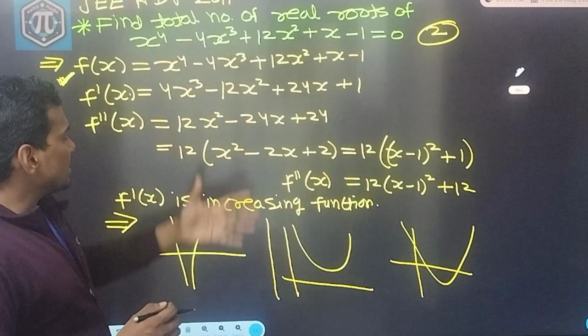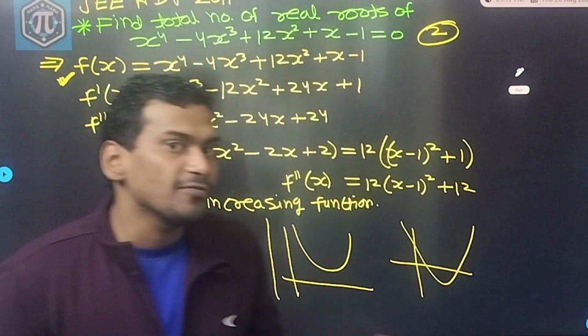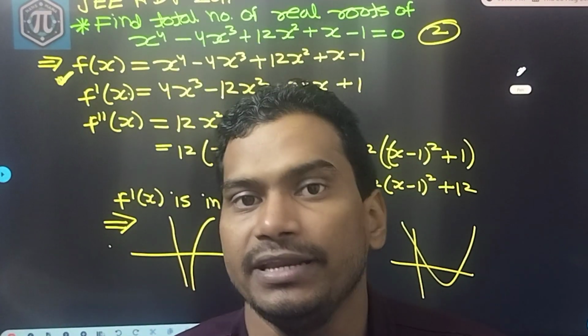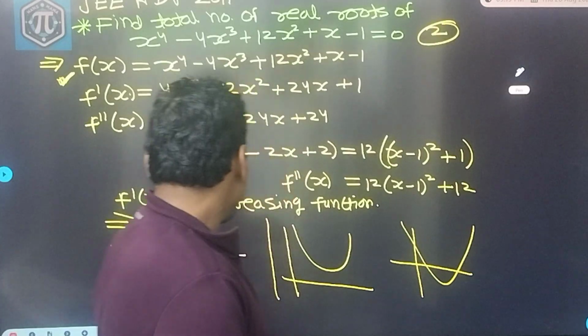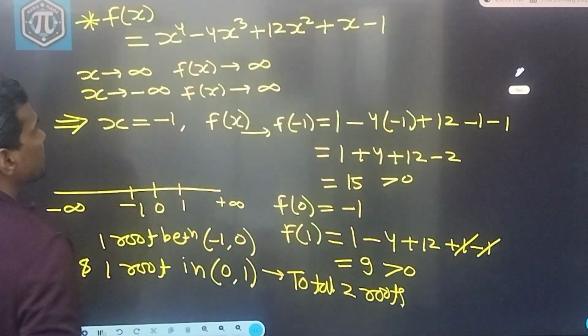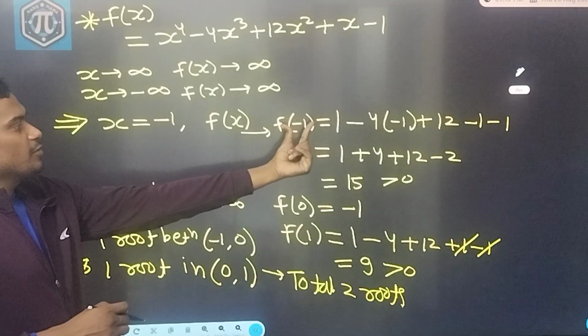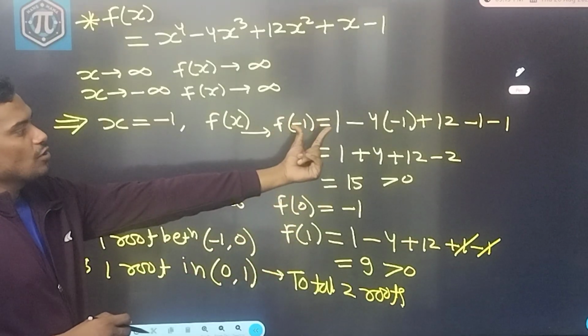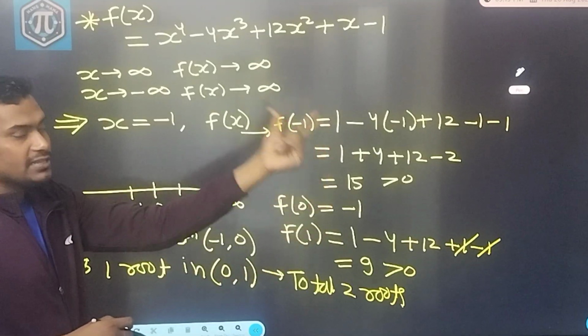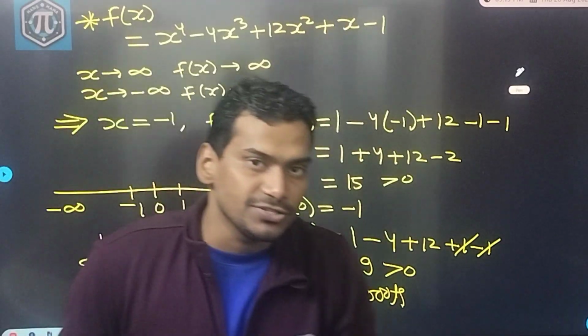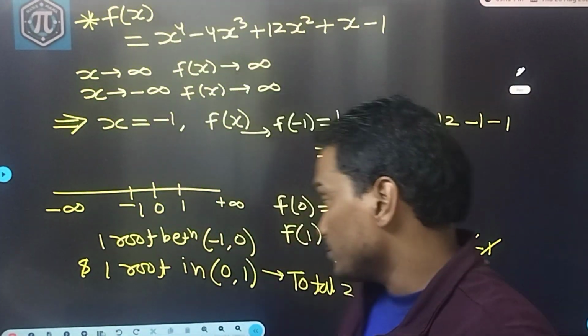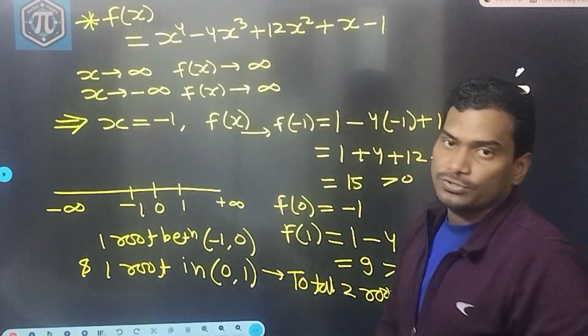After that we calculated f of x at the points minus 1, 0, 1. We saw that with opposite signs, there is one root between minus 1 and 0, and another root between 0 and 1. So that is our answer, the total number of roots.